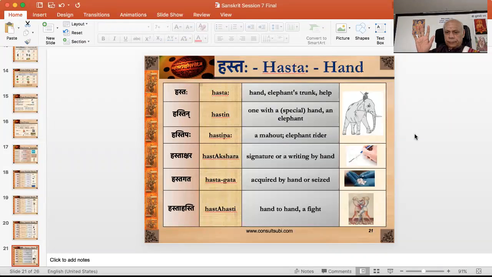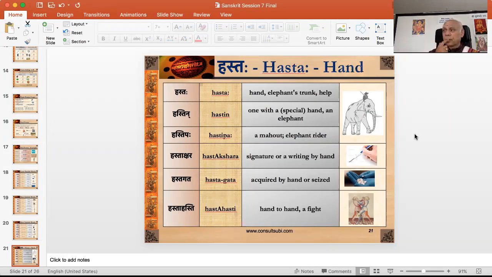Hastaha, hand. You hear hath in Hindi. Now, hastaha has different meanings in Sanskrit. One word, but different meanings. You also have different words for the same objects. Here, hastaha could mean a hand.